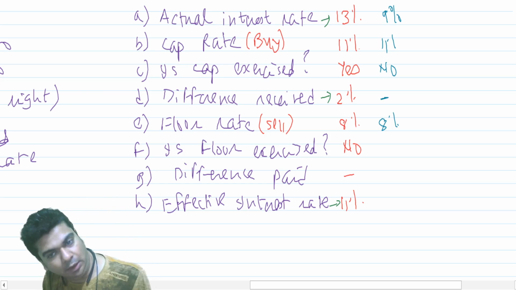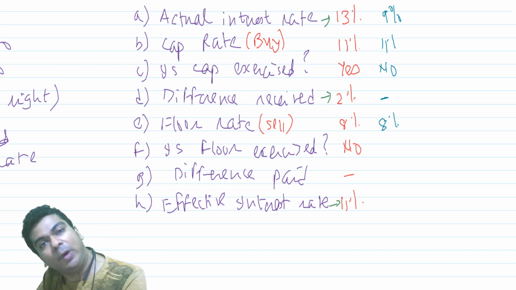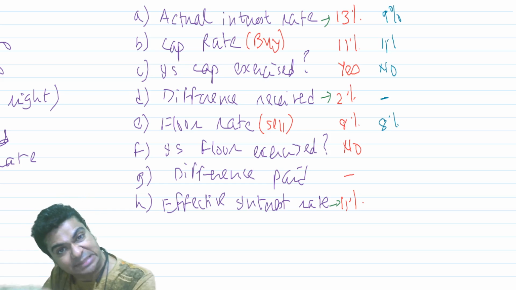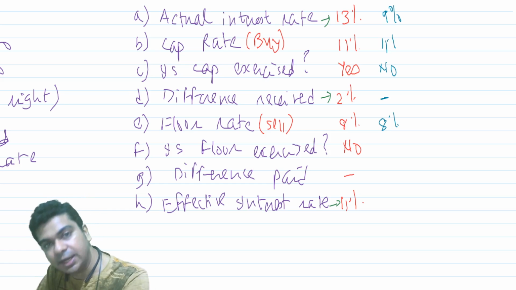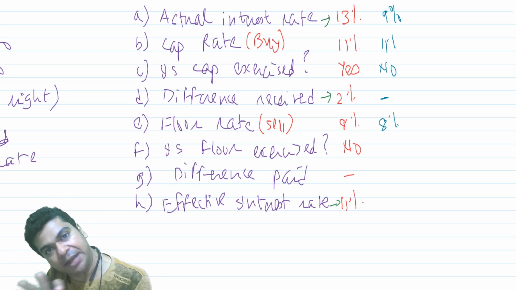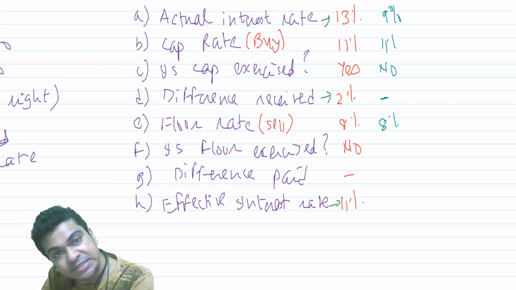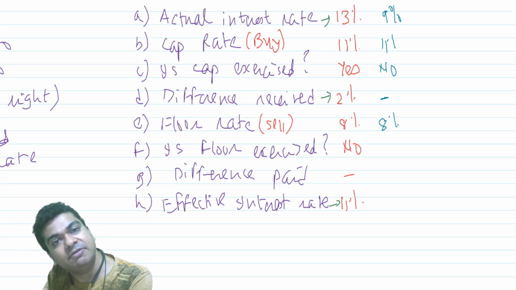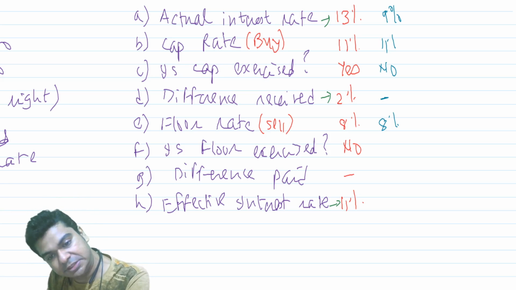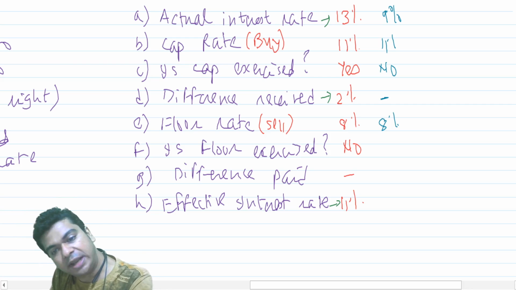Fine? Okay. What about the floor? The floor we have sold. The person who has purchased the floor from us has a right to lend money. That person can earn interest by lending money at 9%, or earn interest through the floor at 8%. Obviously, that person will like to earn interest at 9%. And because he will like to earn interest at 9%, the floor will be allowed to expire. So is the floor exercised?